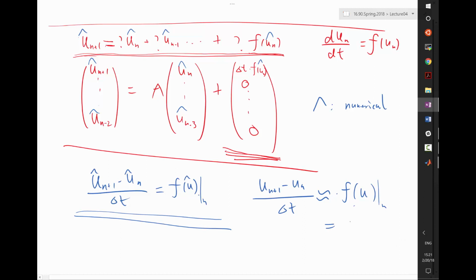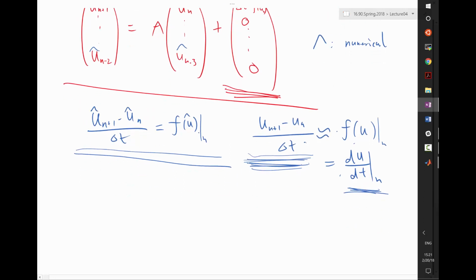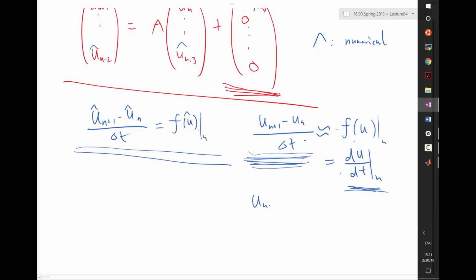Because from the differential equation, I know f of u is exactly equal to du/dt at n. So how big the approximation error is depends exactly on how accurate this derivative approximation scheme is. In other words, (u^{n+1} minus u^n) over delta t is equal to f of u at n plus O(delta t), right?